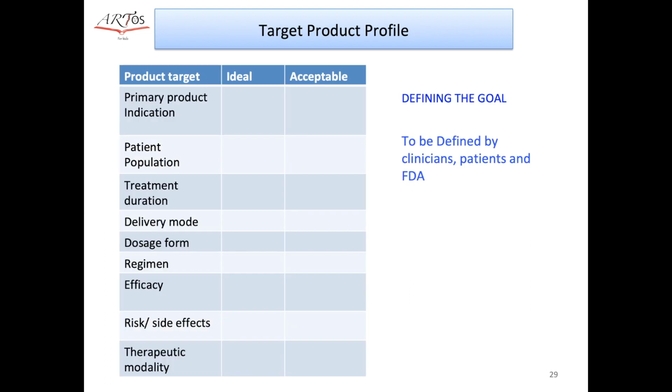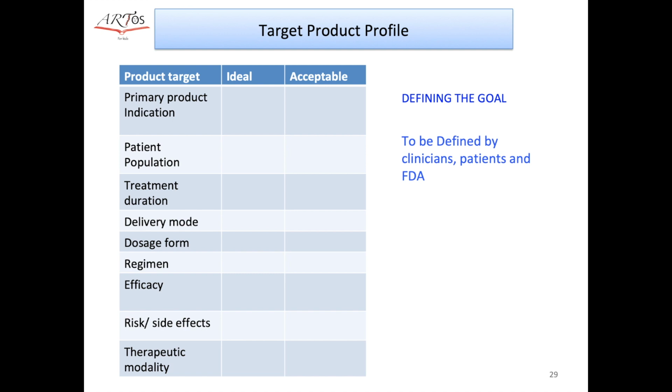In addition to a balanced portfolio, one of the primary steps to ease the path to pharma and increase the chance of success for treatment is to have a target product profile. This is established with a tight collaboration between the patients, the clinicians, and the help of the FDA. You need to define your goal at two levels: the ideal and the acceptable requirements for the compounds.